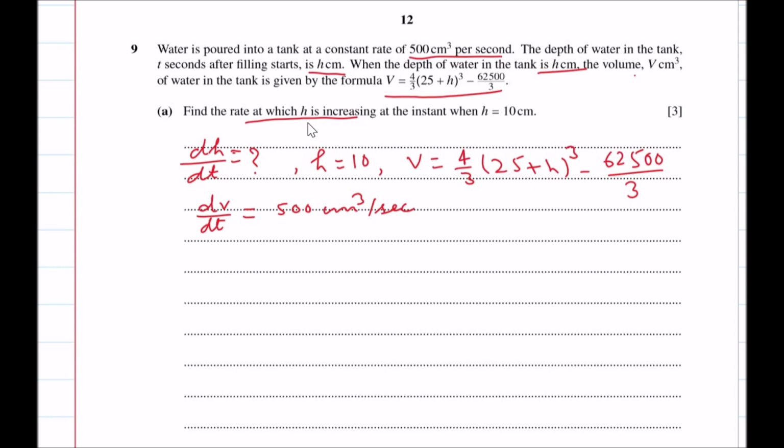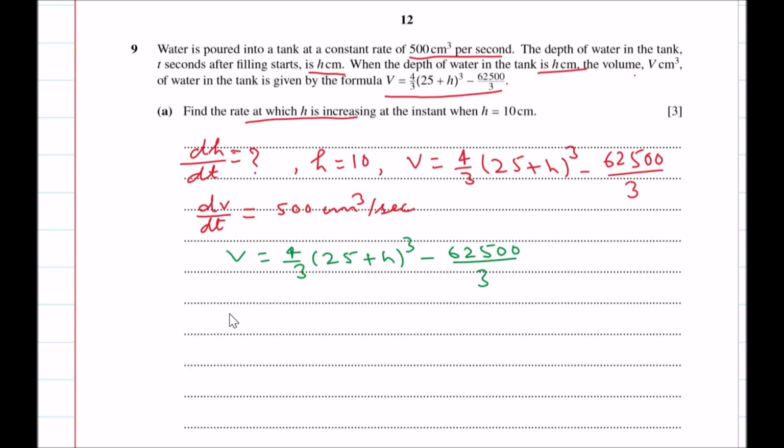So what we'll do, we'll differentiate this v equal to 4 by 3 (25 plus h) cube minus 62,500 divided by. See, why do we differentiate this? Because dh is involved, and dh is possible only from this expression, and we need to differentiate this to get dh.